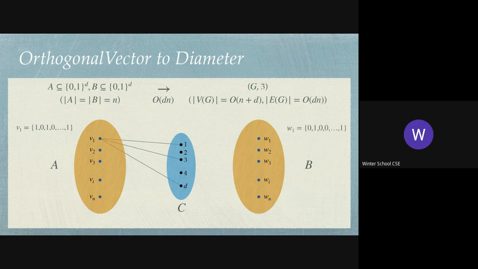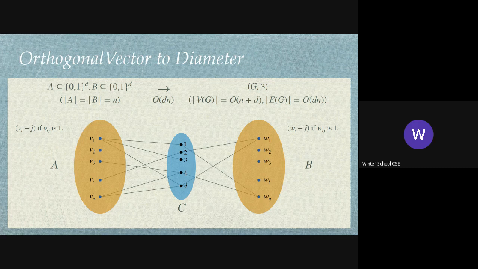We'll do the same from the other side also. W1 is a vector which has only 1 on the second place and the last place, so we will draw 2 edges from there. Generally, we'll put an edge from Vi to j if the jth coordinate of Vi is 1, and similarly on the right-hand side, we put an edge between Wi and j if the jth coordinate of Wi is 1.